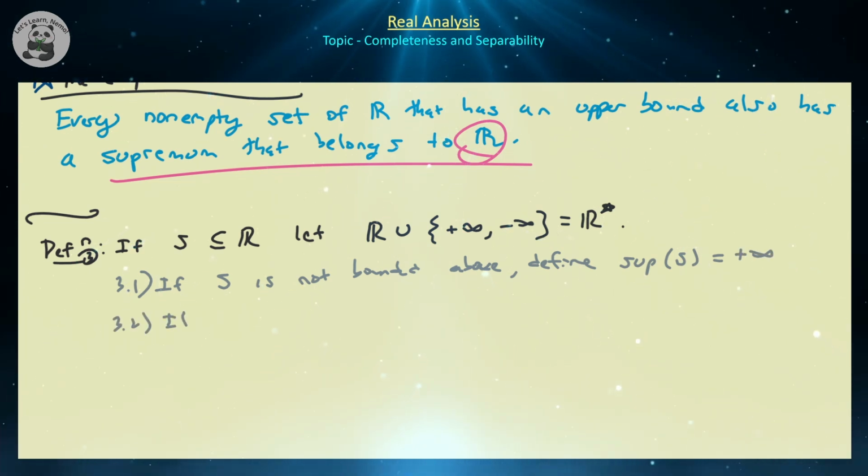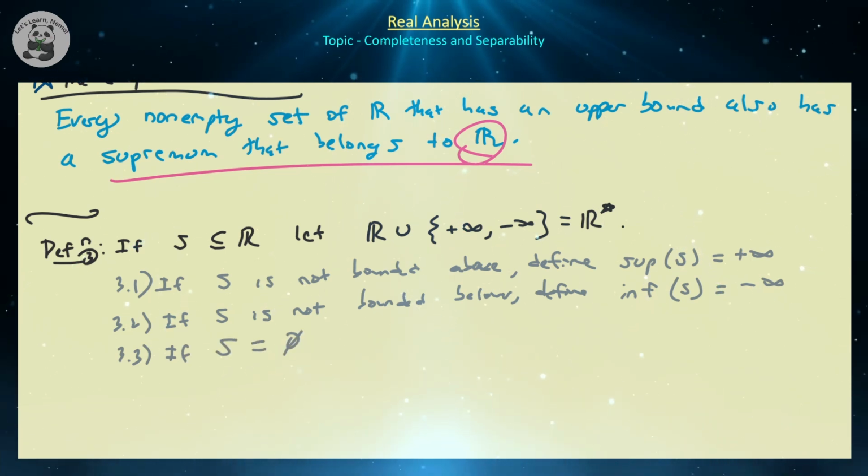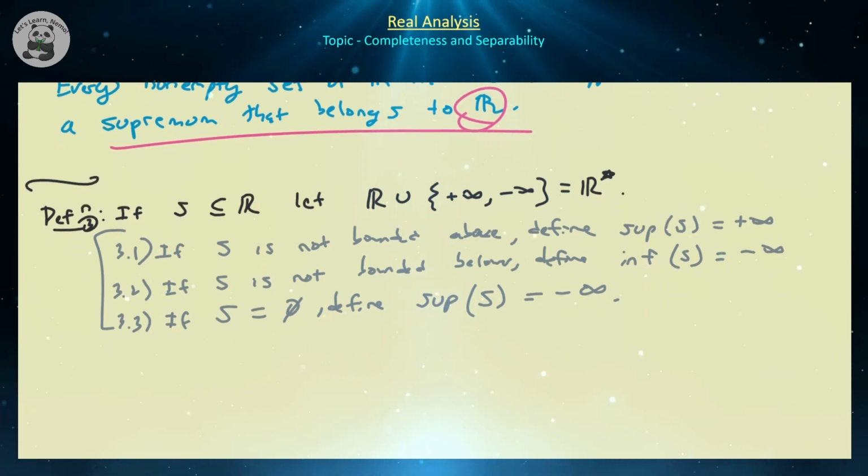And if S is not bounded below, then we're going to define the infimum of the set to be equal to minus infinity. And lastly, if S is the empty set, then we're going to define the supremum of the set S to be equal to minus infinity. And you might want to think about why we would want that to be the case.